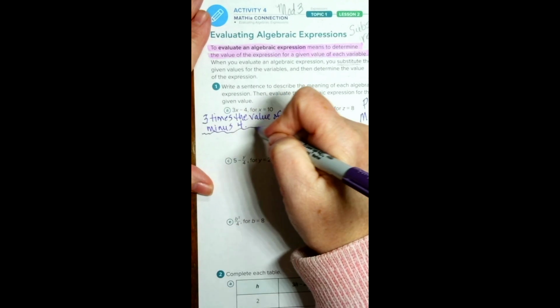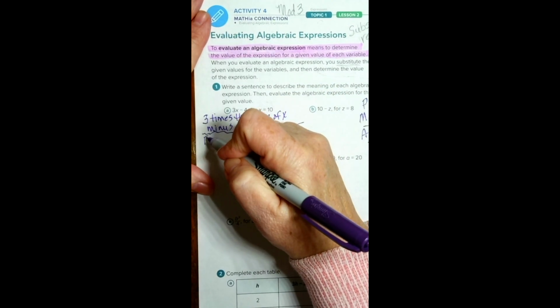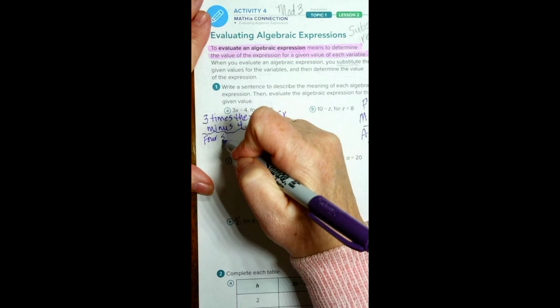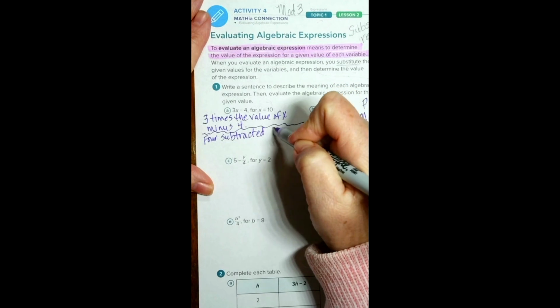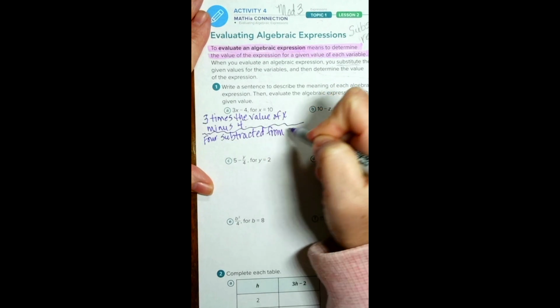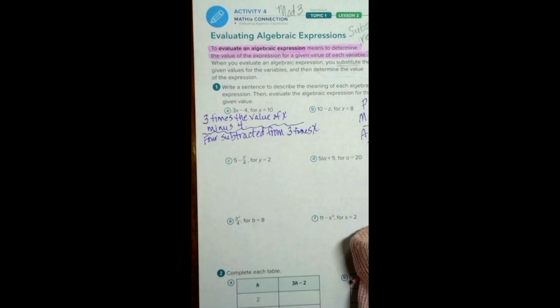Another way to say it, we could say 4 subtracted from 3 times x. You could say it like that as well.